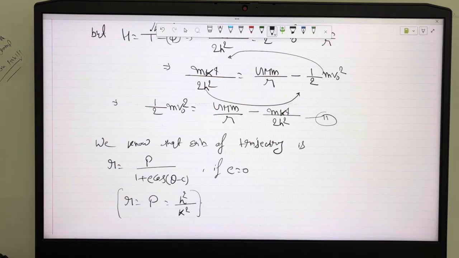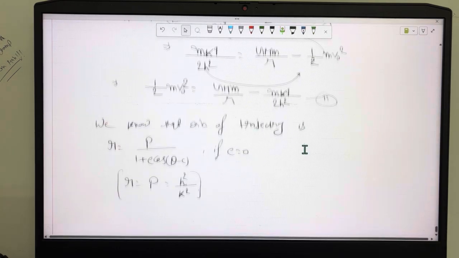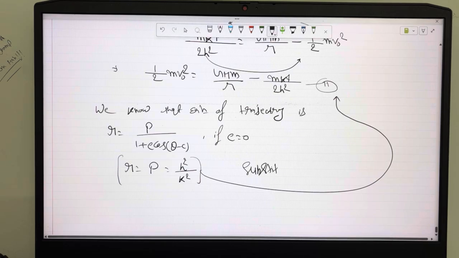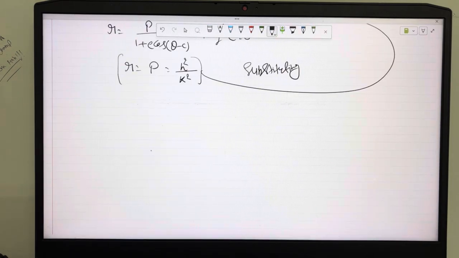That's k square plus a square. It is reciprocal, so substitute here. Substituting in this equation, you will get half m v naught square is equal to k square m divided by r minus m k power 4 divided by 2r. How is it coming?